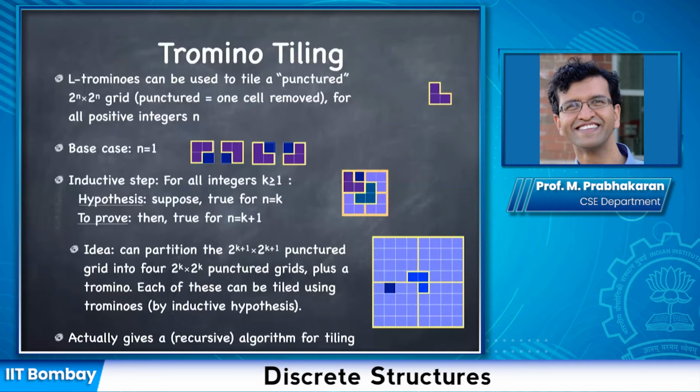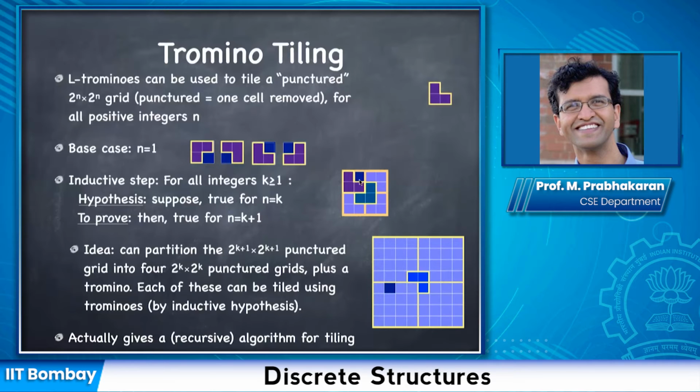So actually, let's go back to the k equal to 1 case, right? k plus 1 equal to 2. And so you're left with the case of k equal to 1 as the 4 subcases. And for those, I know how to tile them by looking up from here.